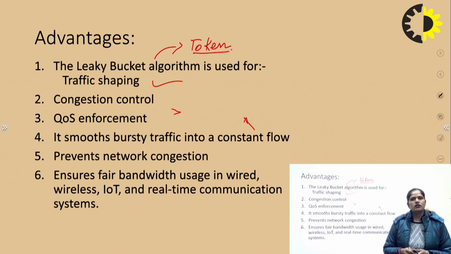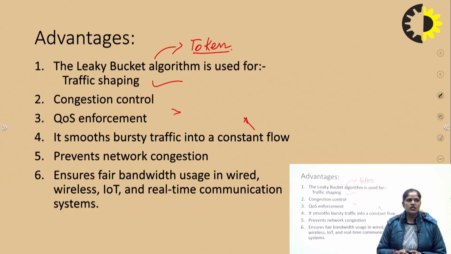And next, leaky bucket is an important mechanism of congestion control. If I am talking about the primary techniques used to control congestion, first we will talk about the leaky bucket approach, and it also works importantly for quality of service enforcement.